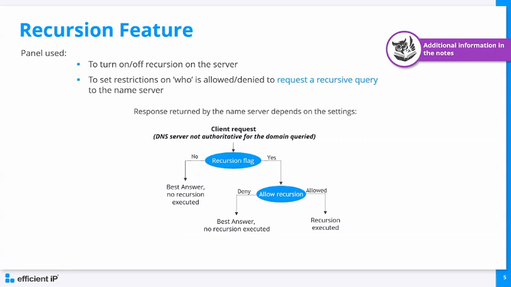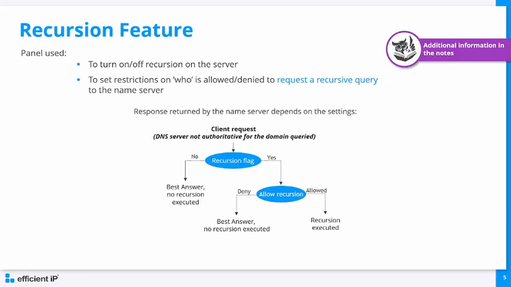The main purpose of recursion is, do you want the DNS server to answer the query from the client if the DNS server itself does not have the zone locally? When the DNS server receives a query and the query is not looking for a resource under the local zone, so it cannot find it locally.